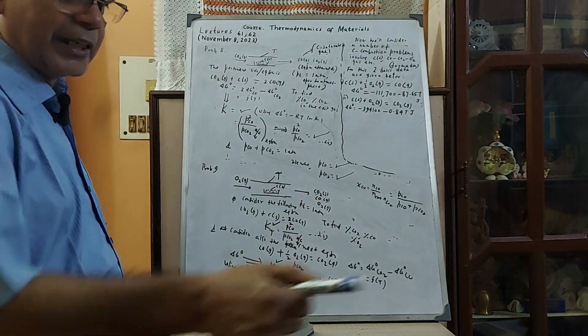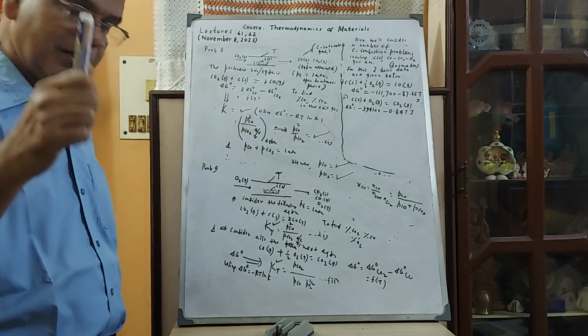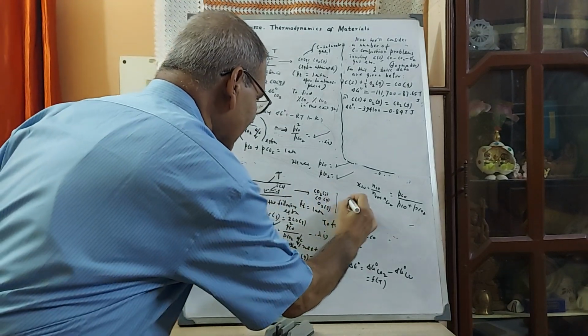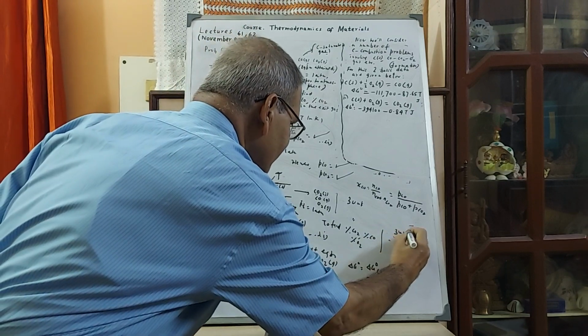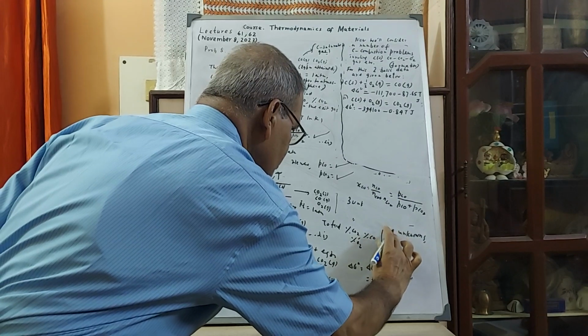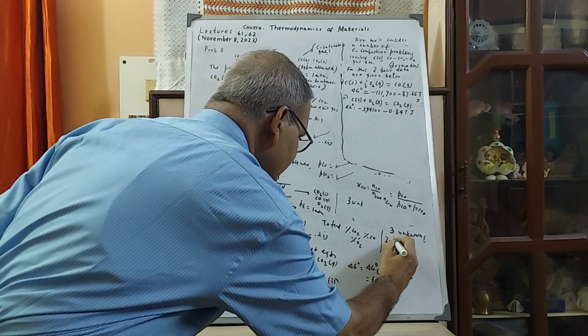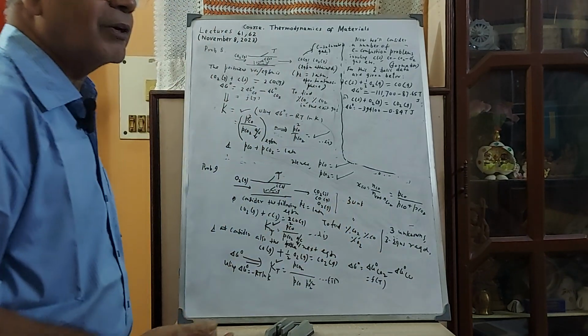Yes, Golan will tell us. We have 3 unknowns, and we need 3 equations. Look at it. Now, what is the third?